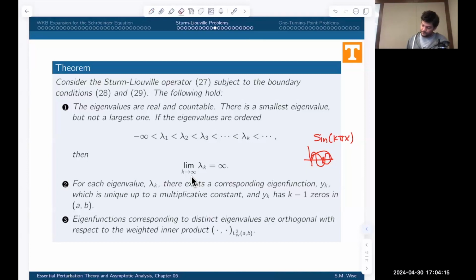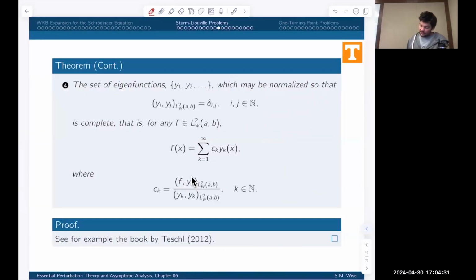A very amazing property. What else? Eigenfunctions corresponding to distinct eigenvalues are orthogonal with respect to the weighted inner product. We did prove that one. The set of eigenfunctions can be normalized. Normalization just means that whenever you decide on your inner product, you normalize by saying that when I take yi in both locations, I just get a 1, for all i.